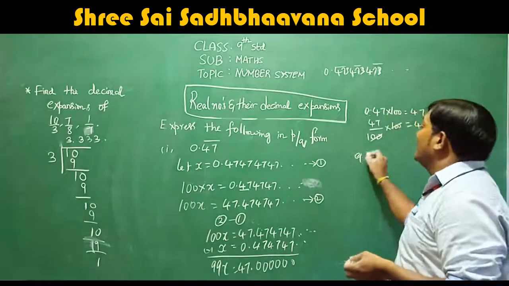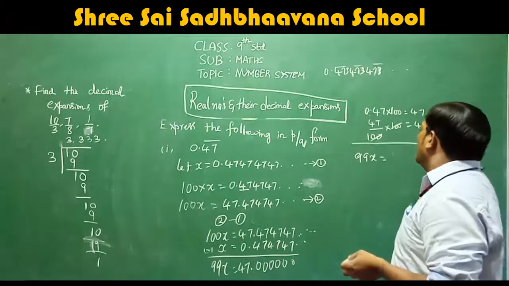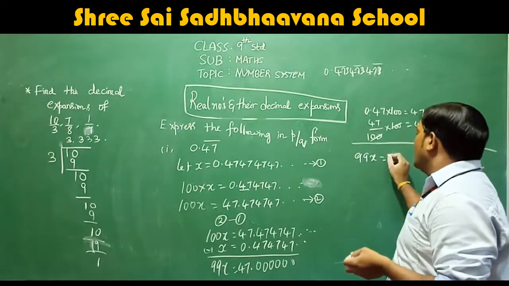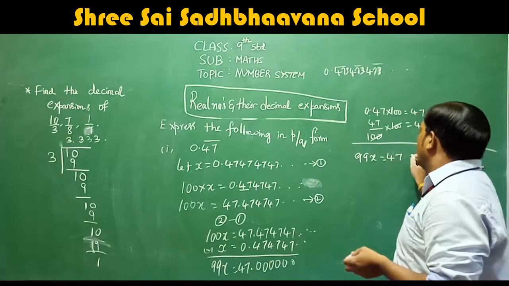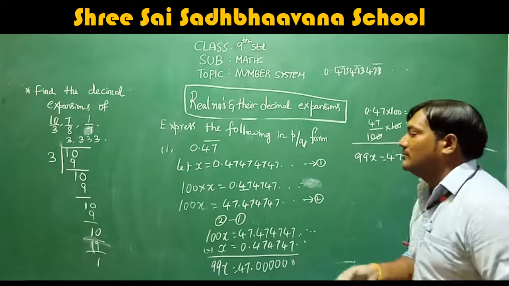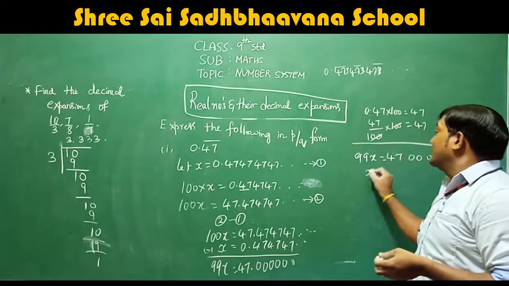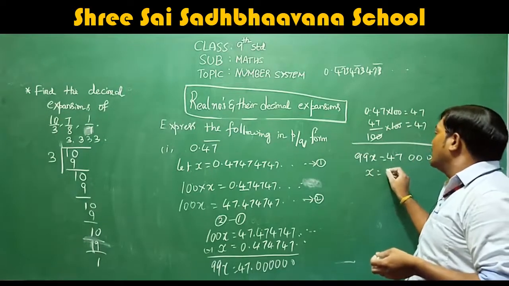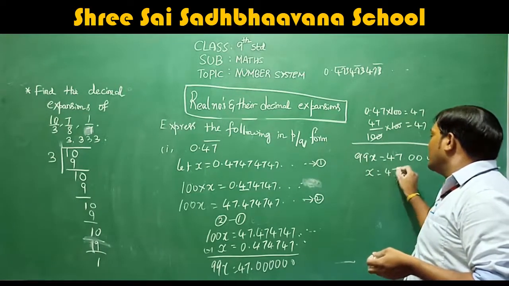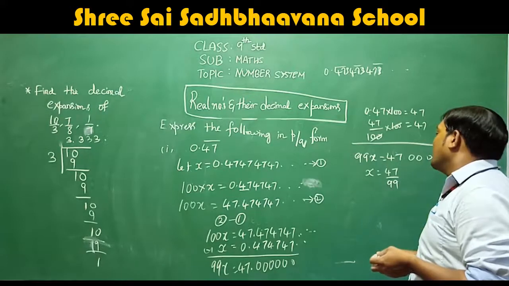So 99x is equal to 47.000. I hope you understood this. So x is equal to 47 divided by 99.